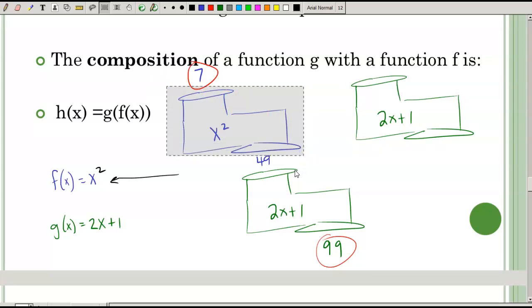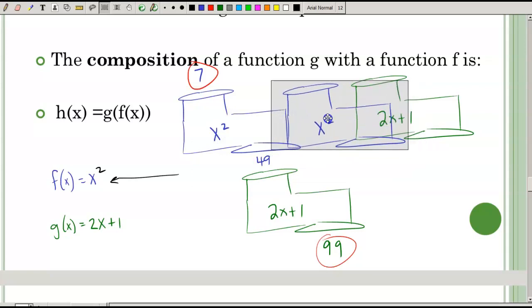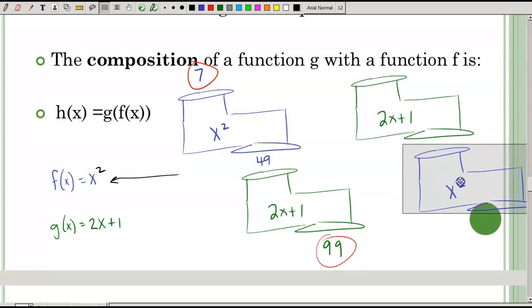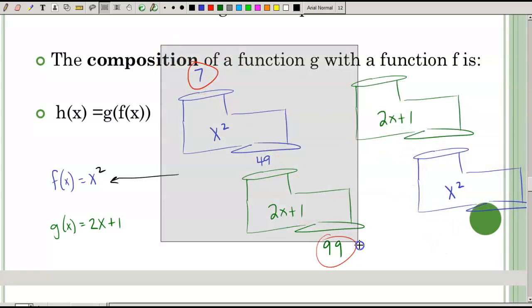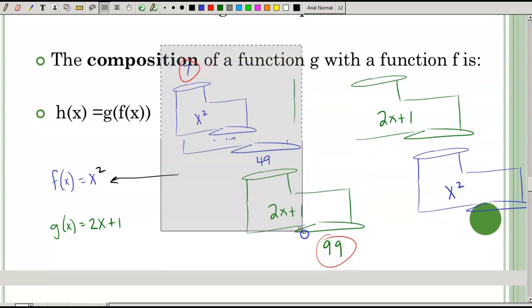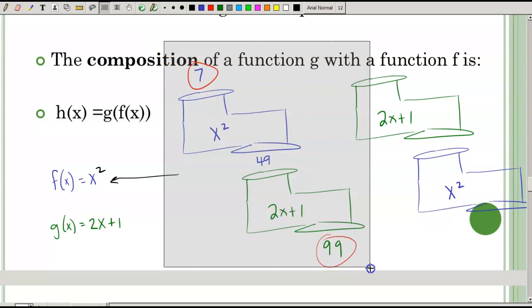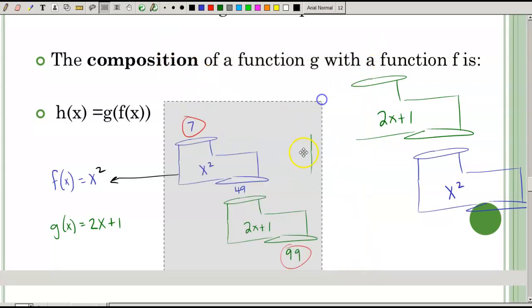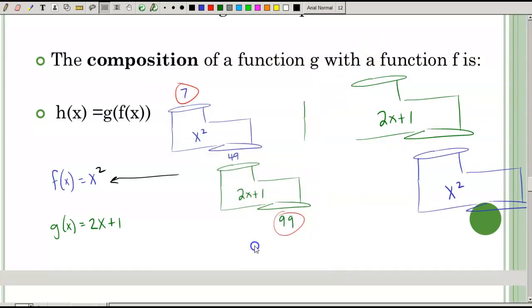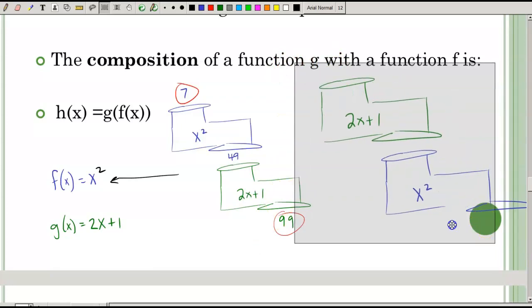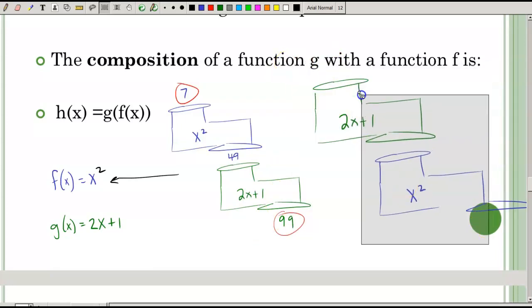Would this provide a different outcome? What if I just switch the order of them? So let me take this and make it smaller. Try that again. So I have that, and now I have this right here.